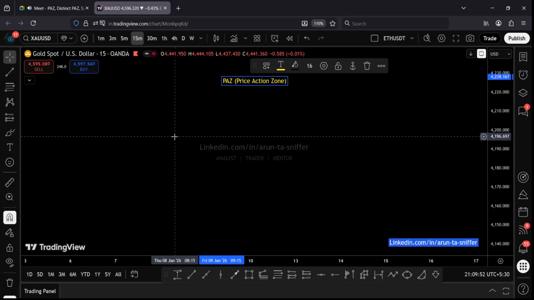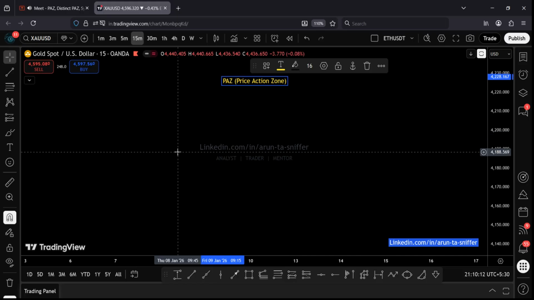So basically, what is price action zone? Price action zone is the area where we look for the price action. We may have different types of price action zone, but let's first look at simple price action zones.